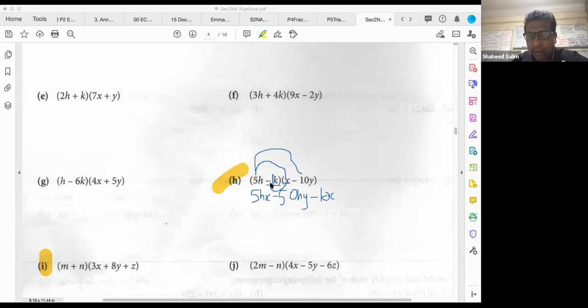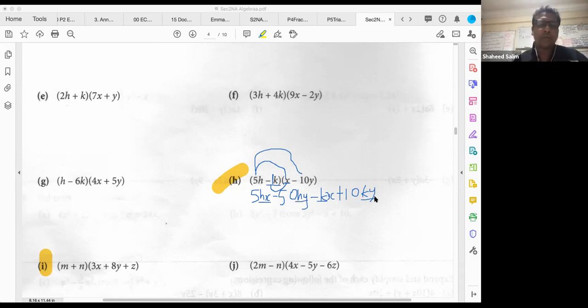So 1 times 10, 10. K times Y, KY. Minus times minus, plus. So let us see, any of them the same? HX is different from HY, different from KX, different from KY. You cannot combine them.